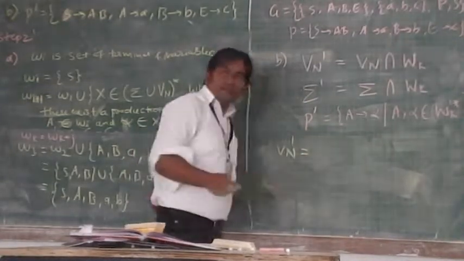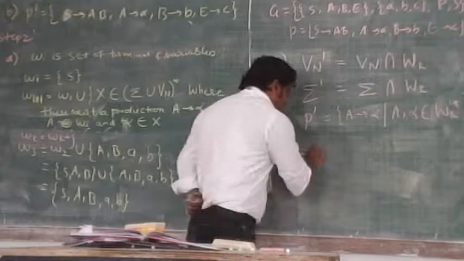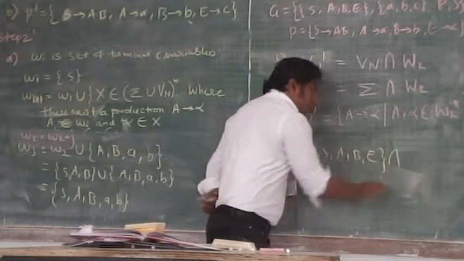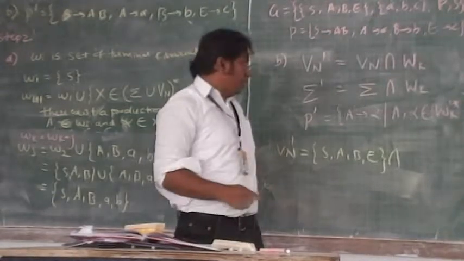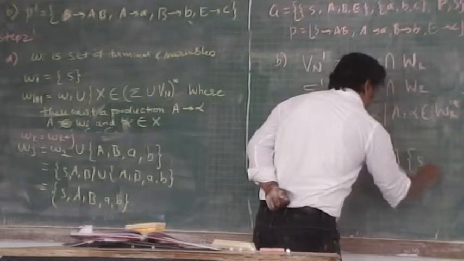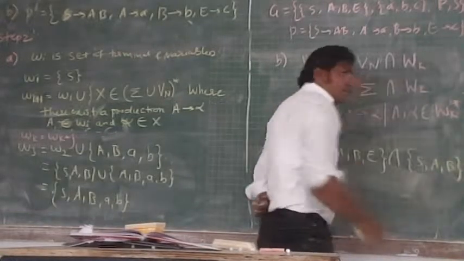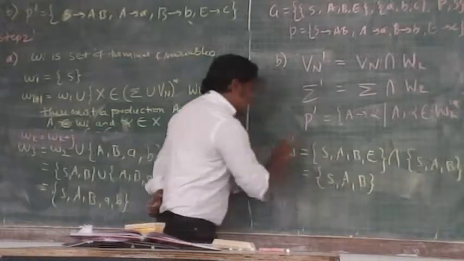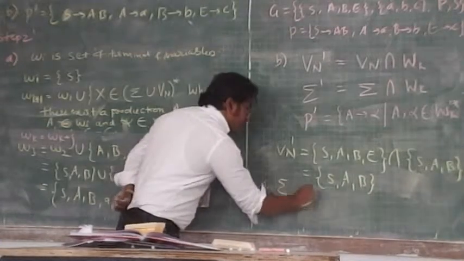What was Vn? Vn was having SABE, intersection of this, what Wk I found? SAB. Vn dash we calculated. What is sigma?